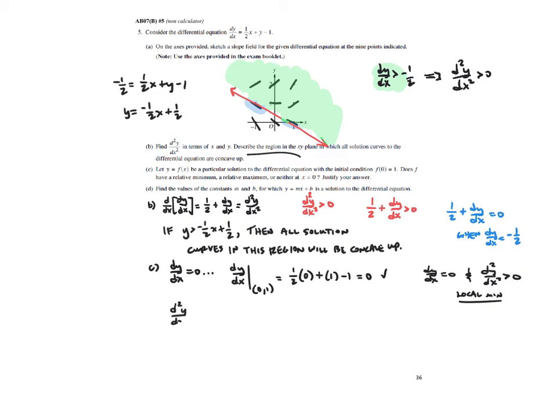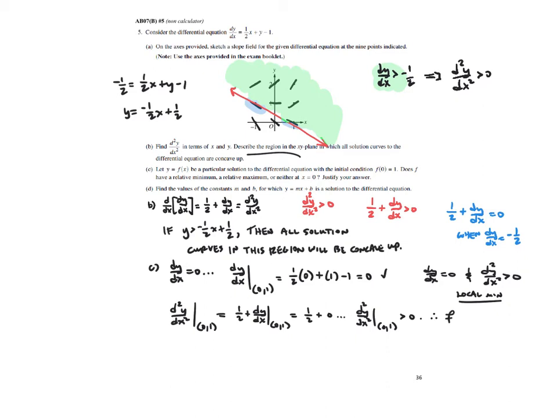Let's find the second derivative evaluated at 0, 1. Okay, so we see the second derivative in part B. It's going to be a half plus dy dx at the same location, 0, 1, which will be a half plus 0. Okay, so what that tells me is that the second derivative at 0, 1 is greater than 0. Okay, therefore, how do we want to say this?